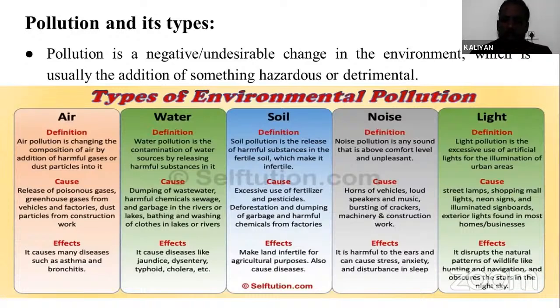Soil pollution is the release of harmful substances into fertile soil, which makes it infertile. The causes are the excess use of fertilizer and pesticide, deforestation, and dumping of garbage and harmful chemicals from factories. The effect is that it makes land infertile for agriculture and also causes disease.